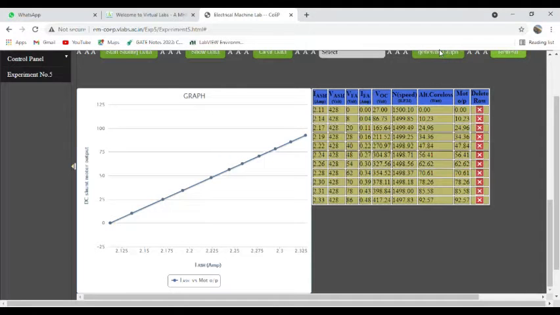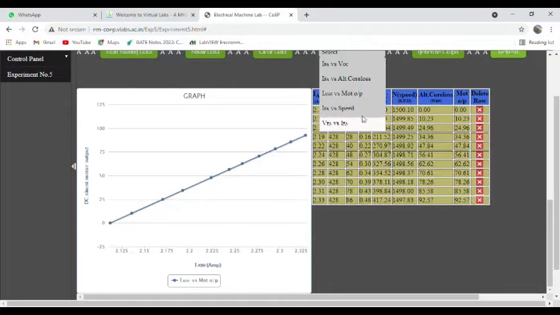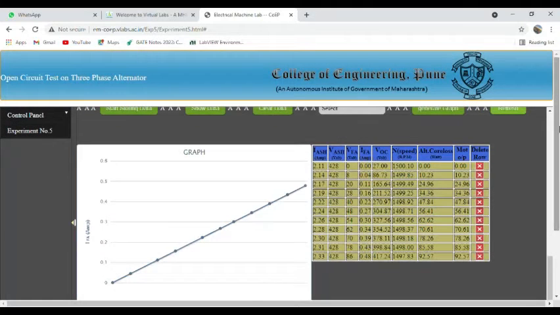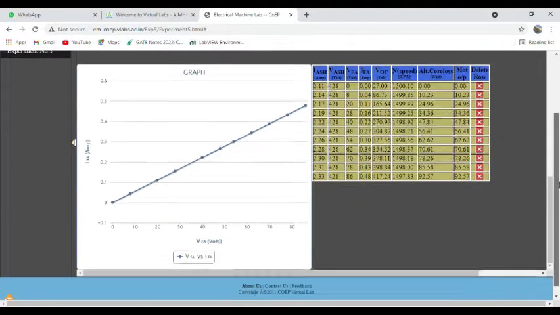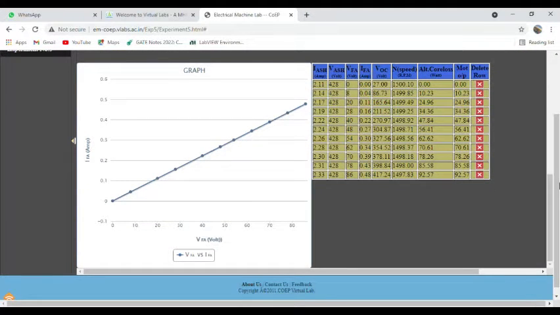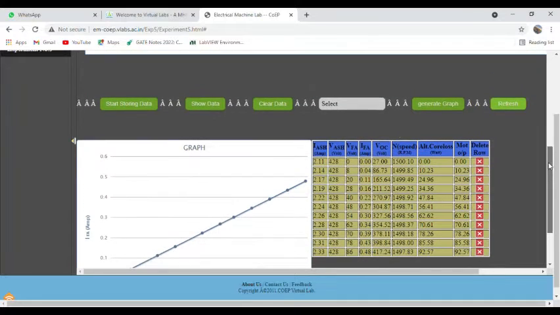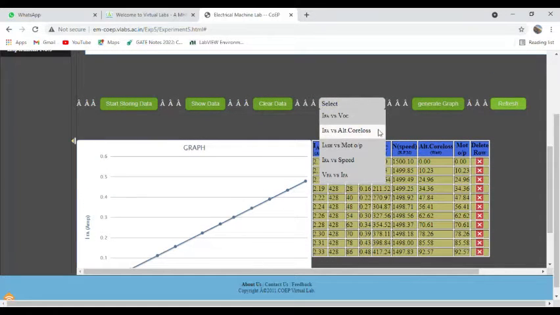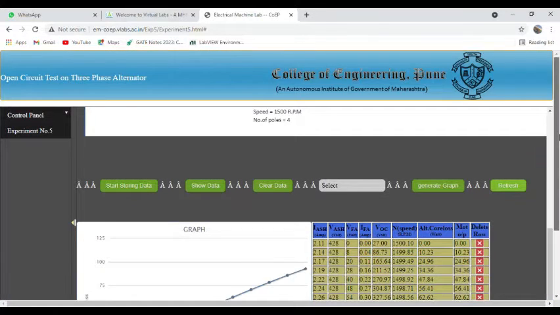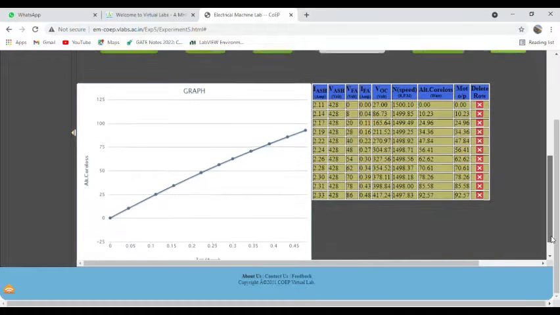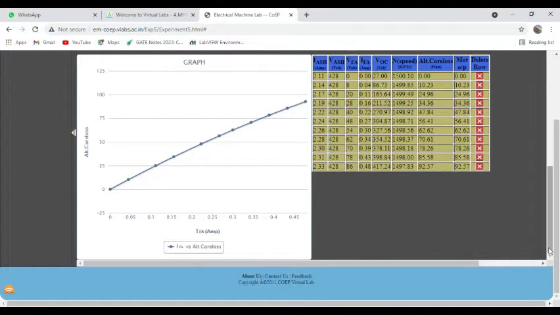And this is finally the graph between VFA versus IFA. As the saturation sets in, the OCC starts deviating from the air gap line. This is all about the OC test. Thank you.